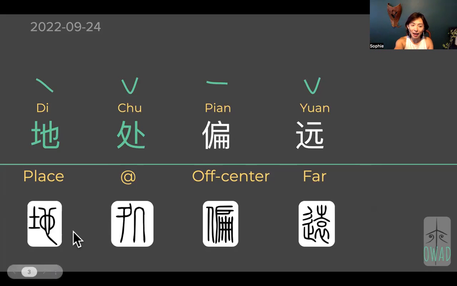So again, break it down. 地, we have the left side with the soil symbol, two horizontal lines with one vertical line. That's our soil. And then we have this almost circular and downward-pointing symbol that is about breathing out the air downward.